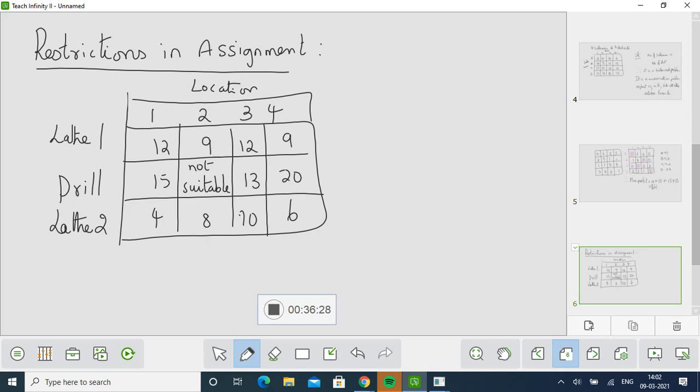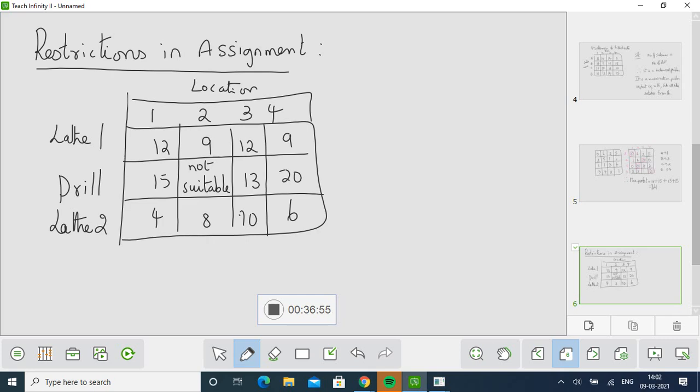So write down the solution. The drilling machine is not suitable for the second location. Therefore, assign the cost element a huge value, say infinity.